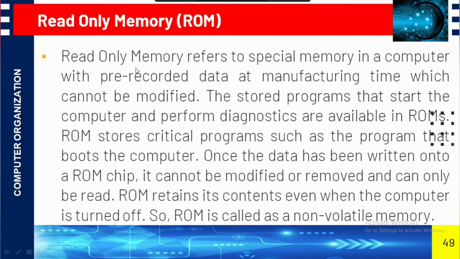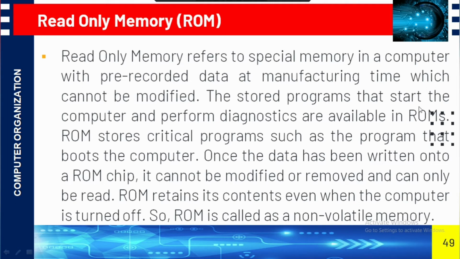Read only memory refers to special memory in a computer with pre-recorded data at manufacturing time. When the device is manufactured, the data is stored in the ROM, and it cannot be modified. The data cannot be changed.